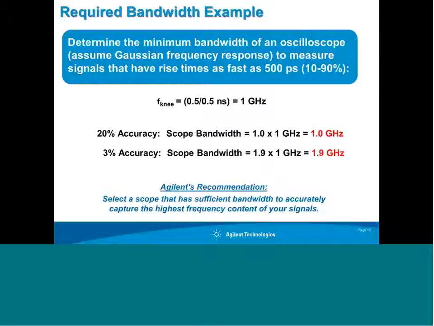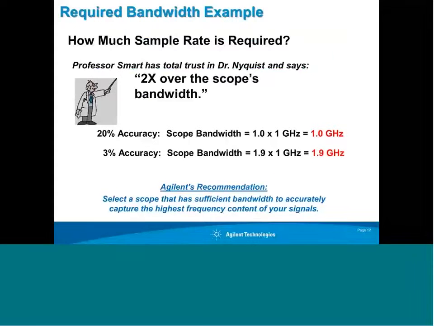The knee frequency would simply be 0.5 divided by 0.5 nanoseconds equals 1 gigahertz. So if you have a limited budget and if 20% accuracy is sufficient, then you could choose a scope with a bandwidth of 1 gigahertz. However, if you need 3% accuracy in making rise and fall time measurements on those signals, then you may want to choose a scope with 2 gigahertz bandwidth.